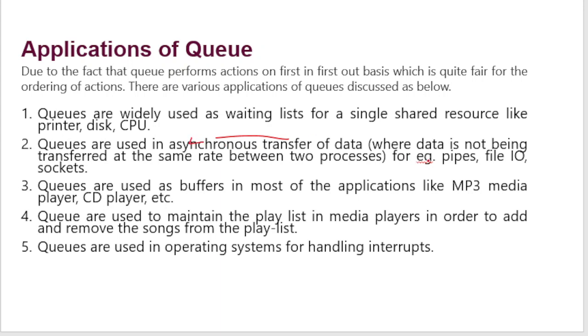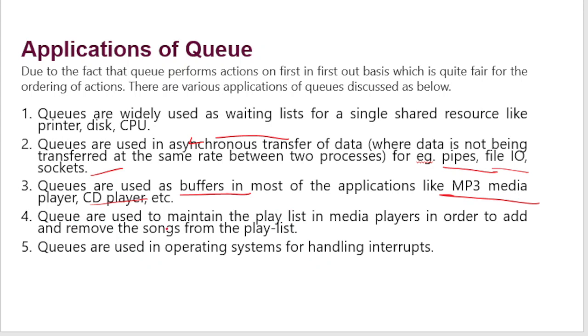Asynchronous transfer of data, where data is not being transferred at the same rate between two processes. Examples are pipes, file IO and sockets. They also act as a buffer, like in an MP3 media player or CD player.